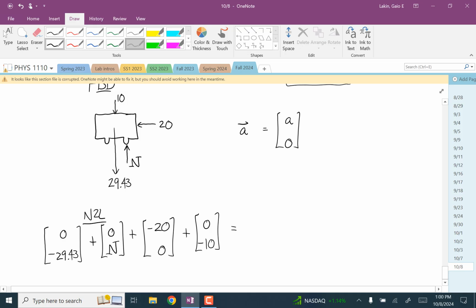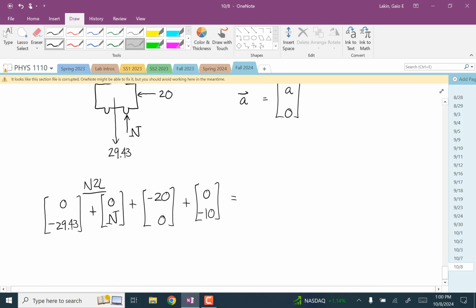And now these are equal to the mass, 3, times what we figured out was the acceleration vector, a0. Okay, so the next step is break this up into the x and y equations and solve for the variables. So take a couple seconds and do that.